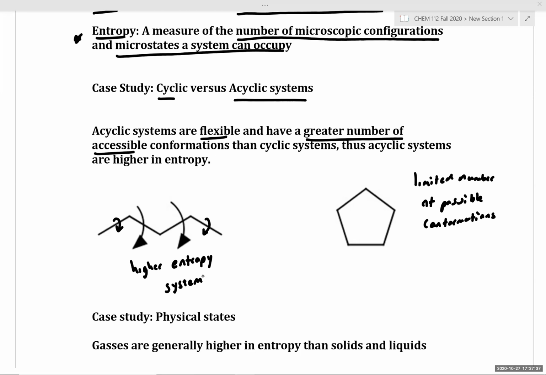We have to balance both entropy effects and enthalpy effects. And as we'll see, depending on the temperature of our reaction, we'll see a more substantial impact from either entropy or enthalpy effects. So acyclic systems are higher in entropy, and so they're favored via entropy, but they aren't necessarily favored via enthalpy or other factors.